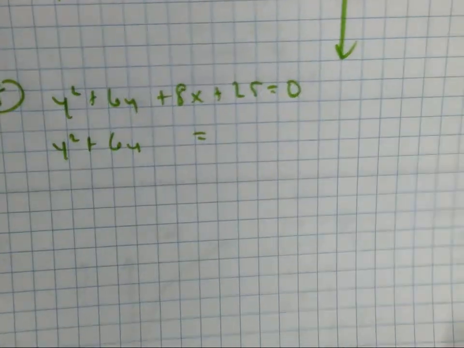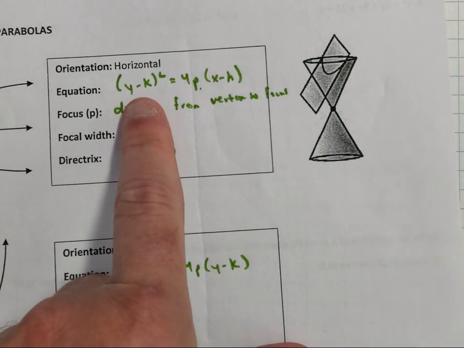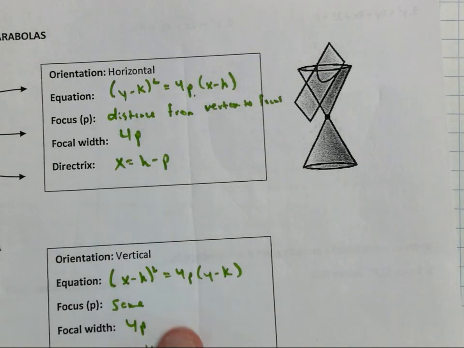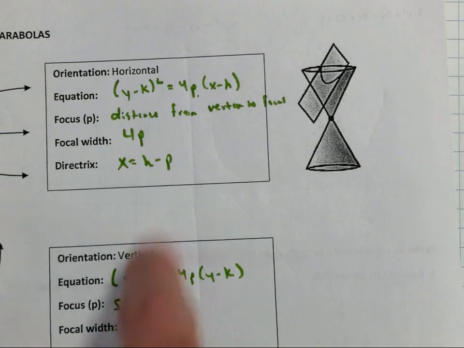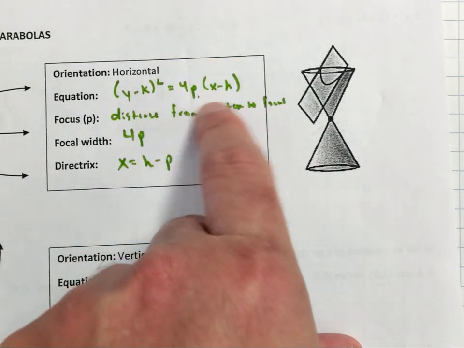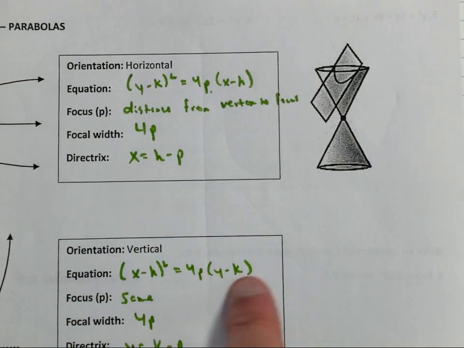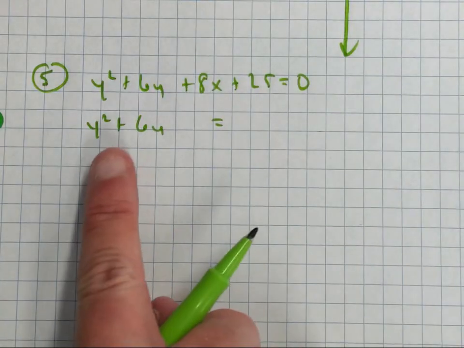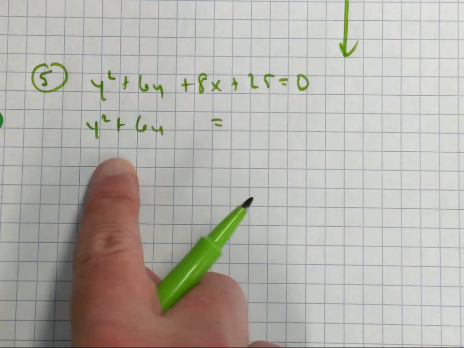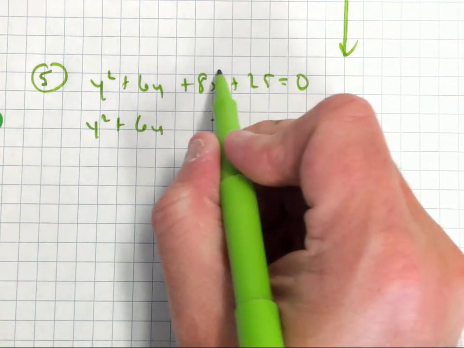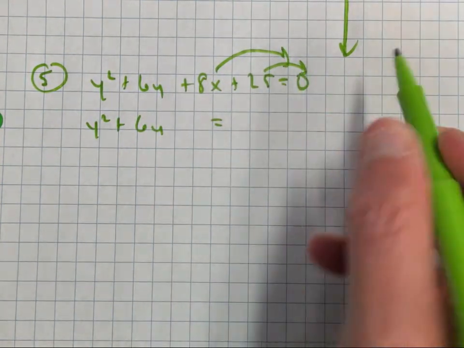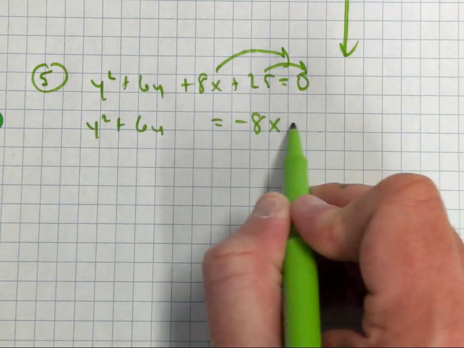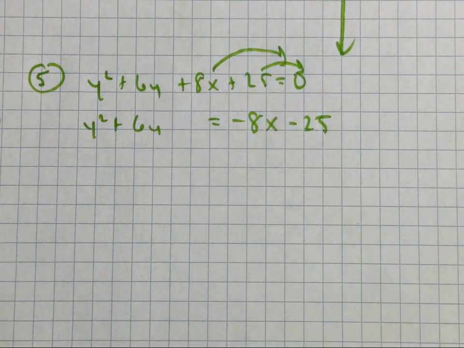If you go back to these formulas, notice the only parentheses that was squared was the first one. You could make a parentheses over here, but it's not squared. So the only problem with completing the square is over here. So I need to move this over and this over. That's going to be -8x minus 25.